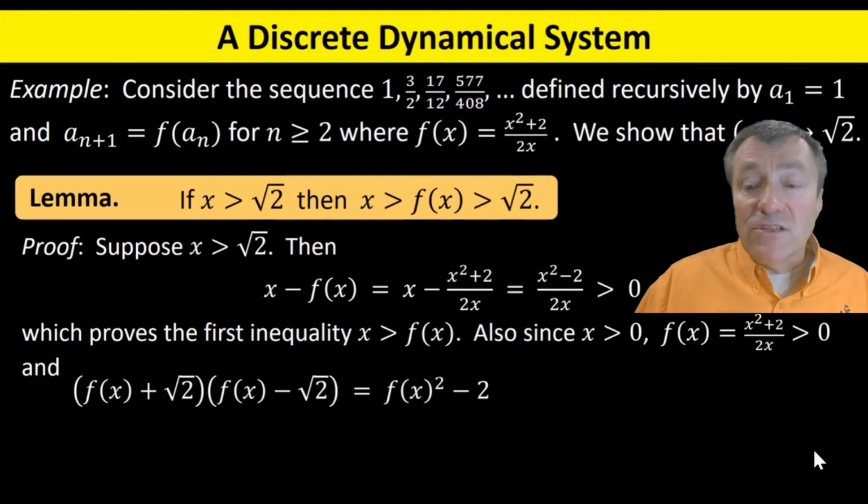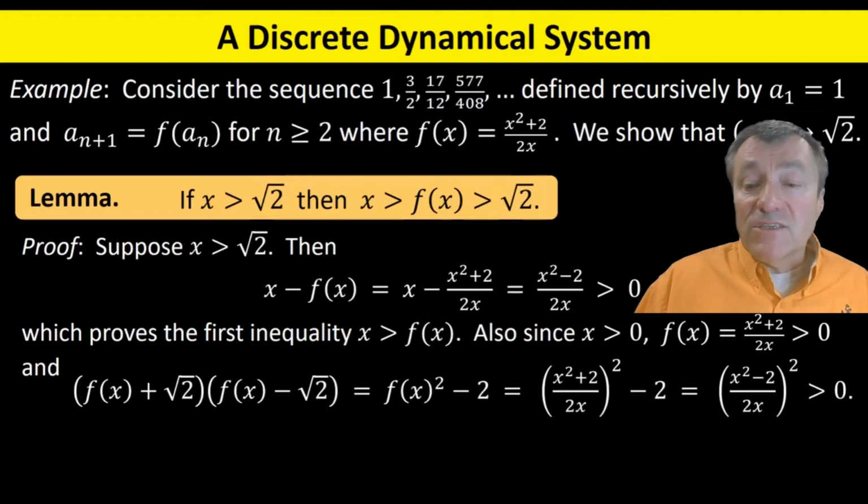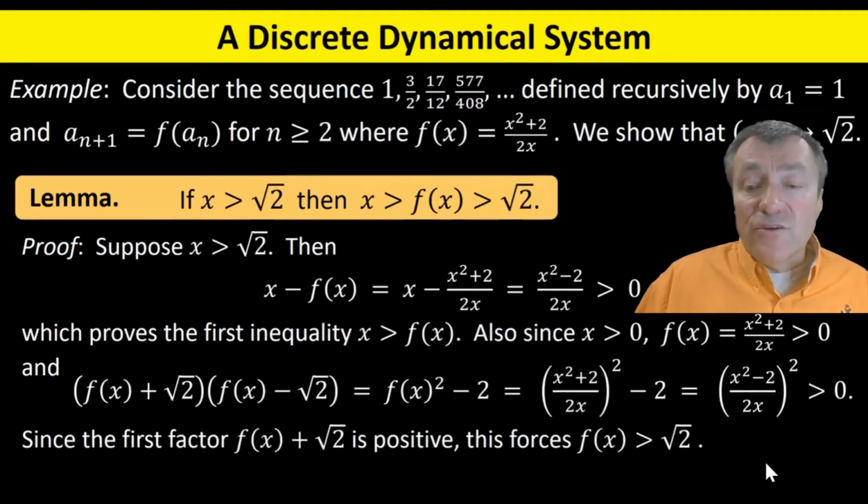And now we want to look at this difference of squares, where the right-hand side can be expressed as this perfect square, which is positive. By the way, all the algebra that we're doing here is elementary. You can check it. It's just college algebra. Now, look at the first two factors on the far left.